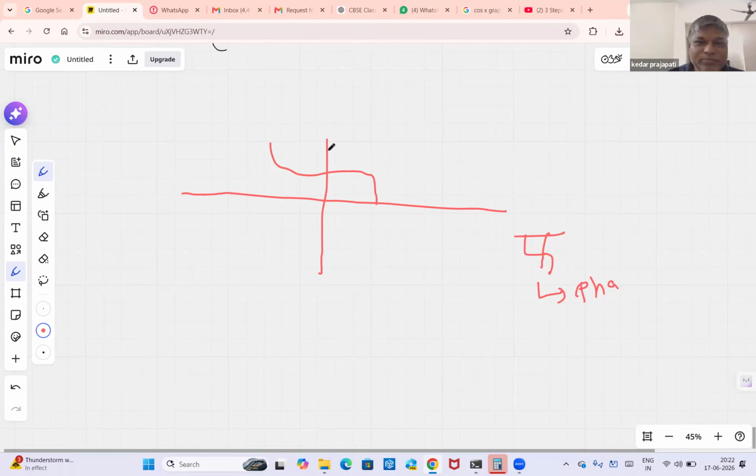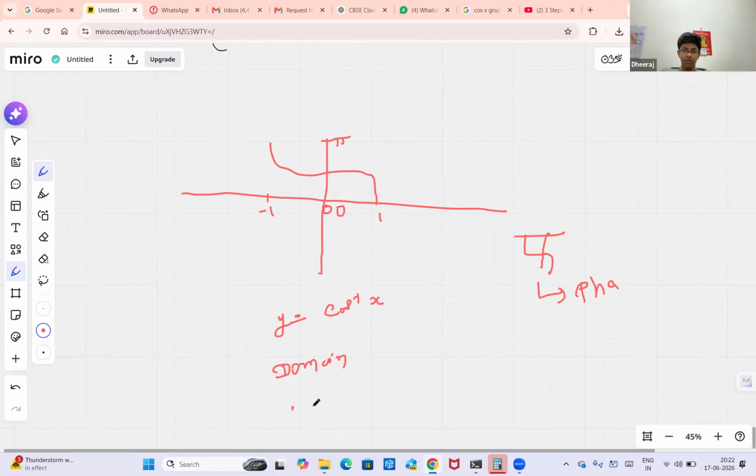Now, this point is 0, 1. This is minus 1. And this is pi. And this is 0. Right? So what is its domain and range? This is y equal to cos inverse x.